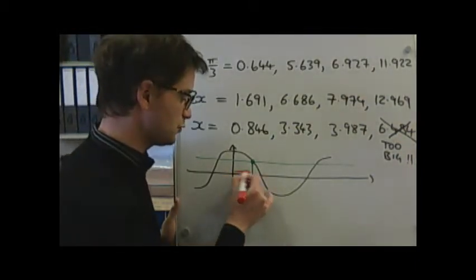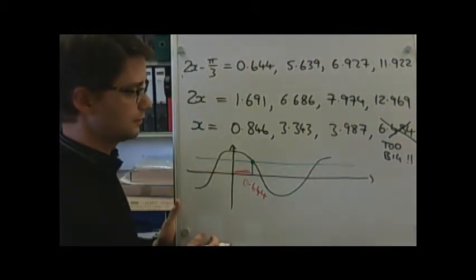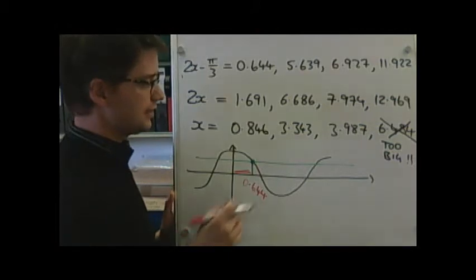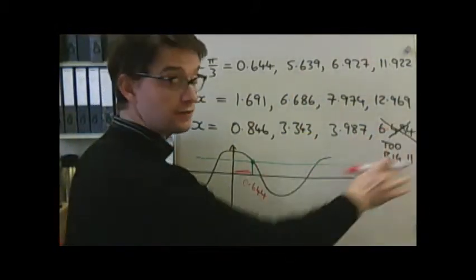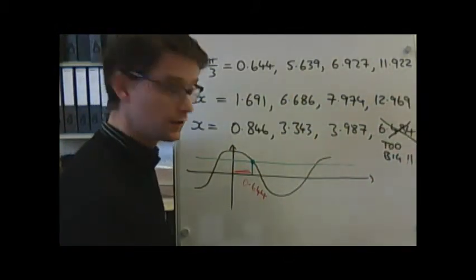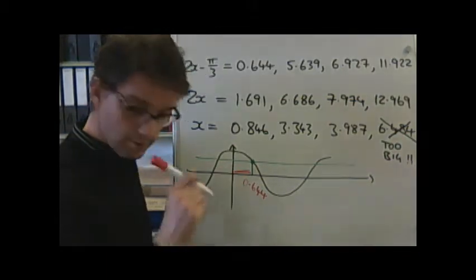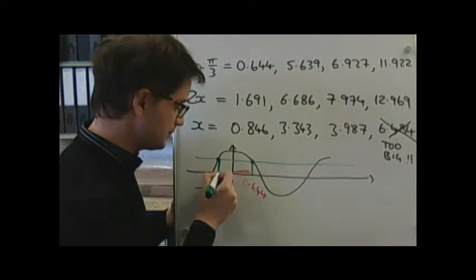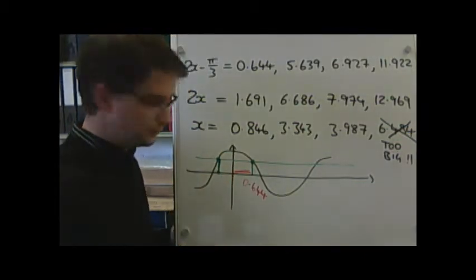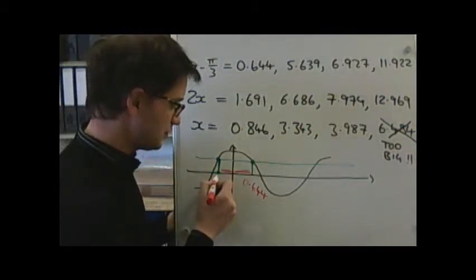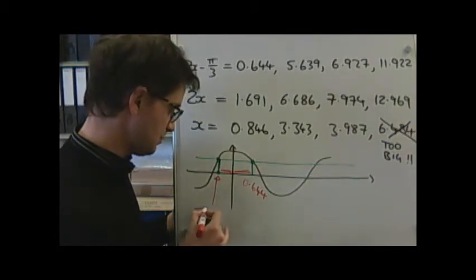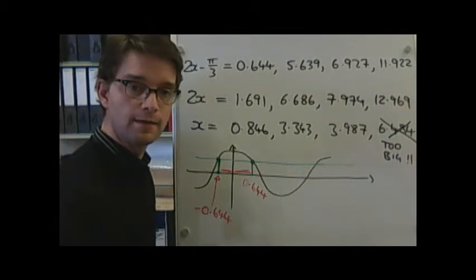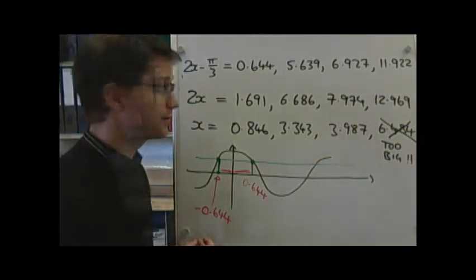So this distance was 0.644. What's happened is, when we've added the pi by 3 in at the end of these, we've shoved one of our solutions out of the range. So what I think I need is to be interested now in this value, using this bit of symmetry. So this value here is minus 0.644. And what that does is give me another solution.